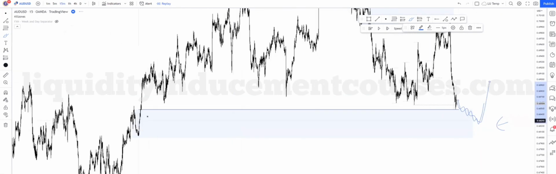You're still in this buy zone because this is your strong low. As long as this low is being held, we're still bullish for the day. If it breaks, then it just invalidates the entire bias that we have in mind, right? So remember, a strong low should not be broken in this case.